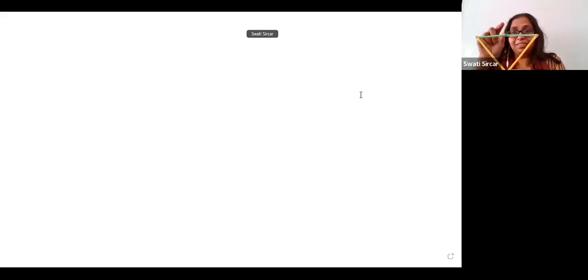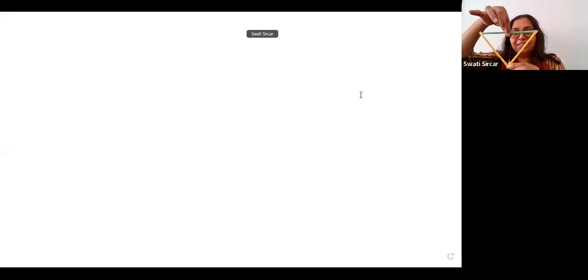Ma'am, 4 vertices. 4 angles. Well, we have 4 angles. Ma'am, vertices. Yeah, 4 vertices. One vertex is here. What is the problem if one vertex is here? 180 degree makes a line.